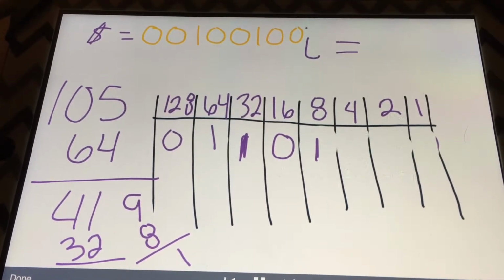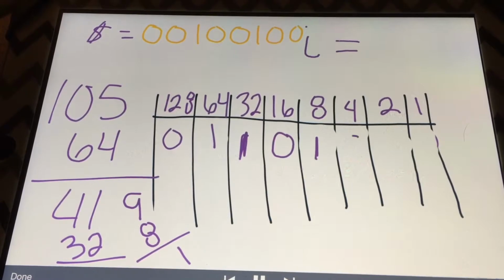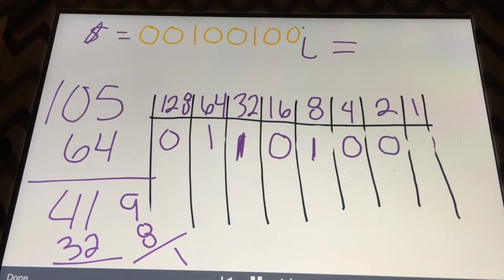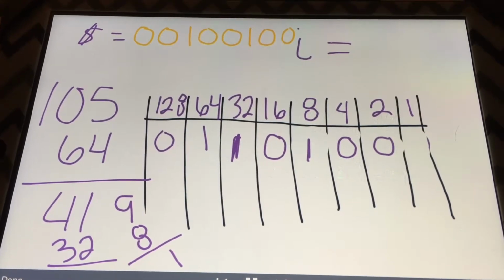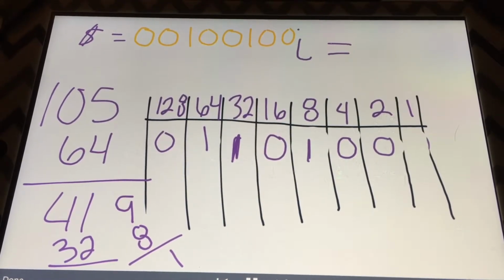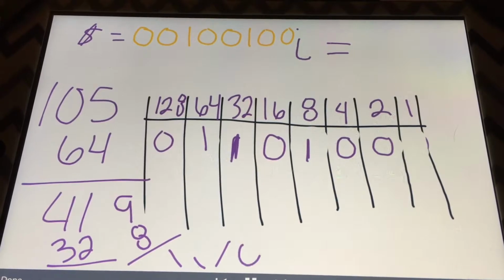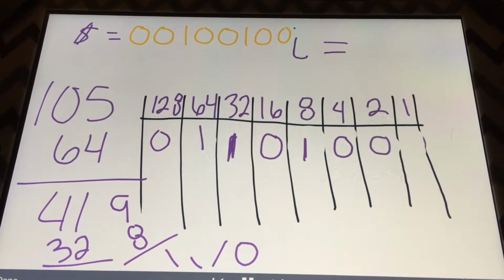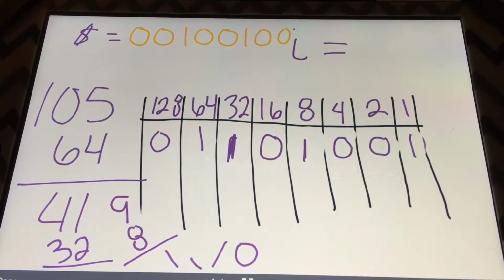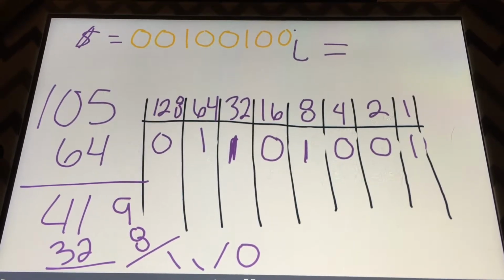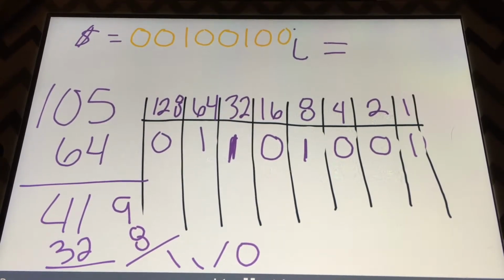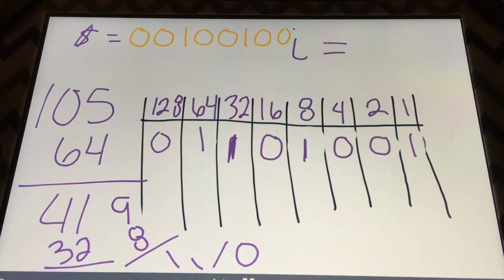Is 4 bigger than 1? Yes. Put a 0. Is 2 bigger than 1? Yes. Put a 0. Is 1 bigger than 1? Nope. It's equal. So you'll notice that we always want to get down to a 0, and you always will. If you get to a 0, that means you completed the decimal correctly.